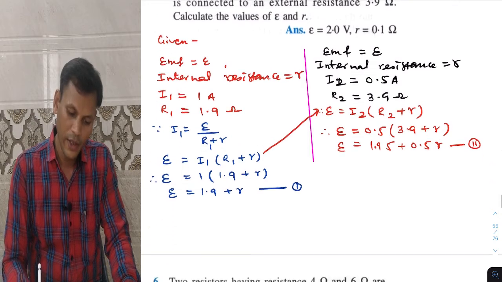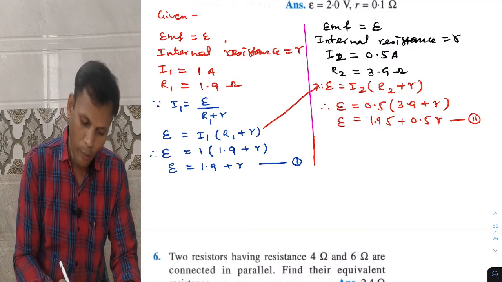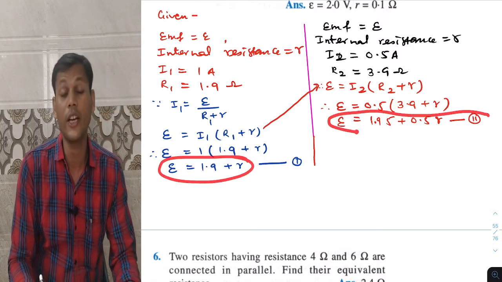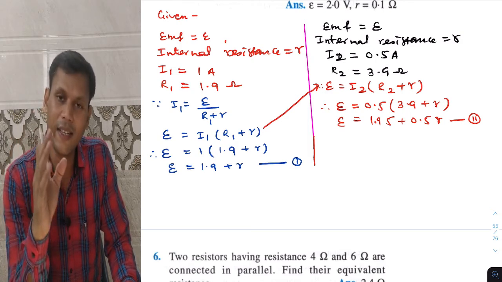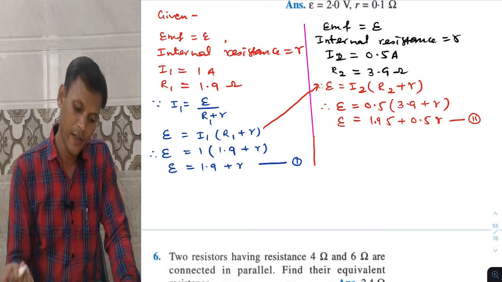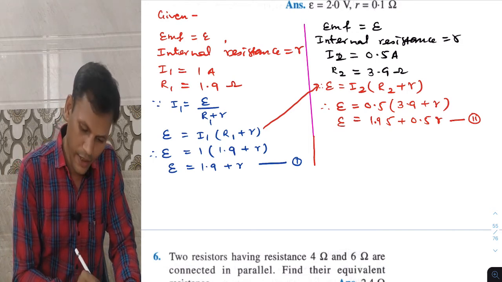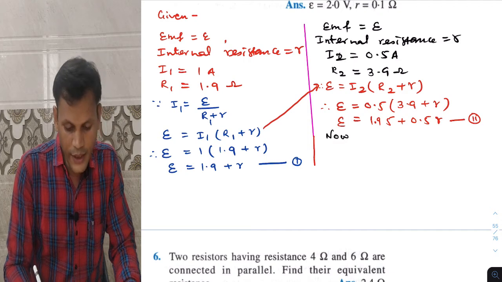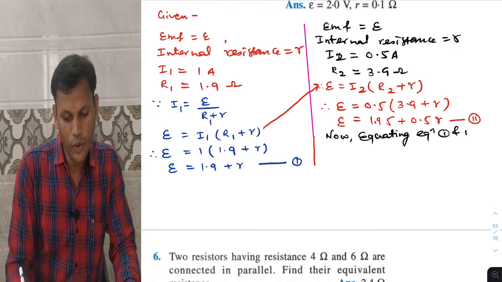Now how can we solve it? Both these equations have the same left hand side, E and E. So we can equate the right hand sides, and then we will get small r. So I will continue from here, equating equation 1 and 2.